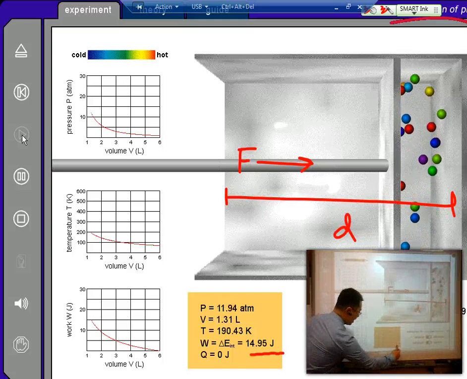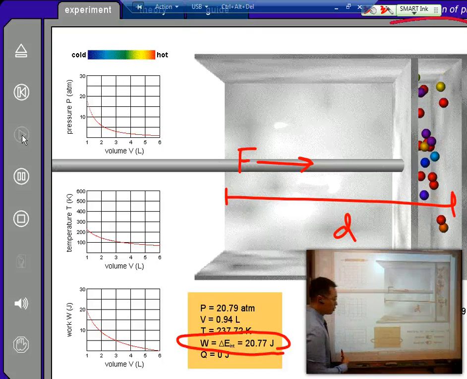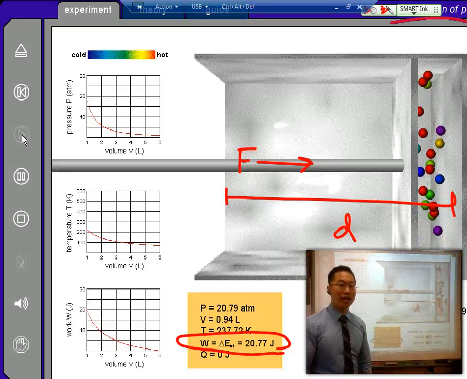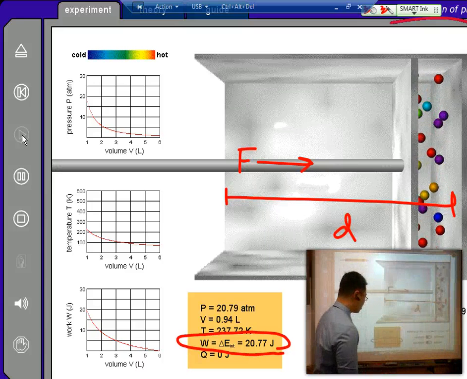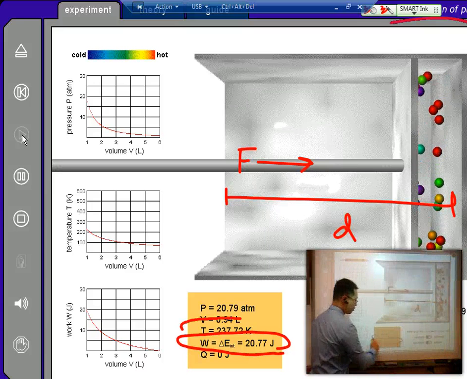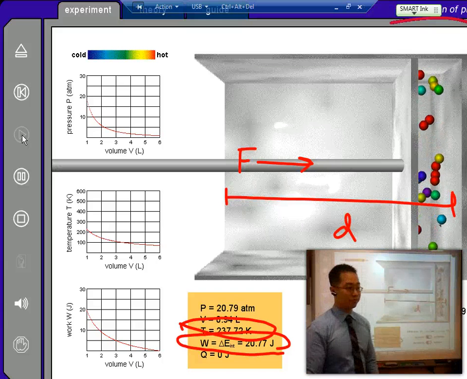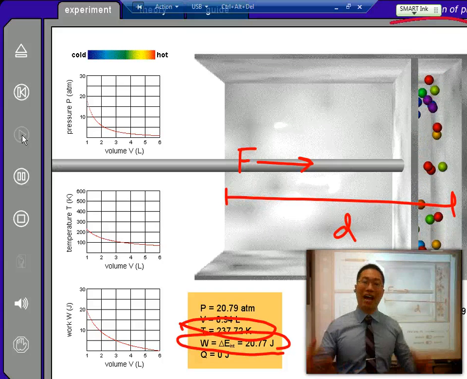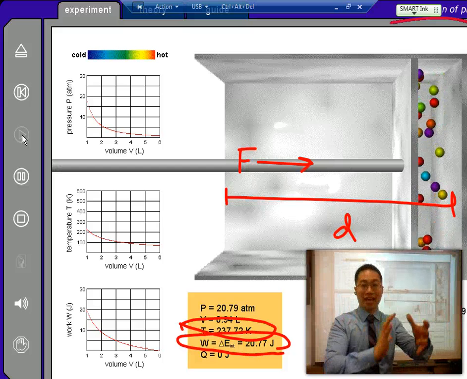And notice that as we're compressing it, we're adding energy into the gas. And the gas molecules are actually moving faster than before, which is why the temperature increased as well.